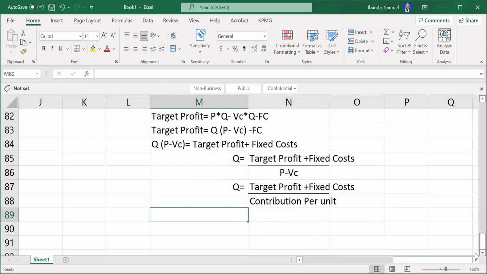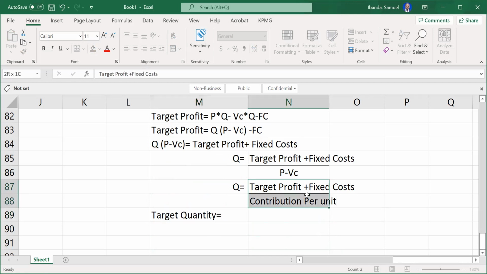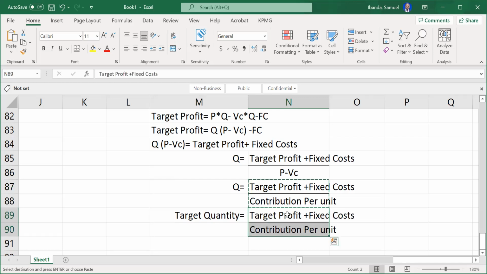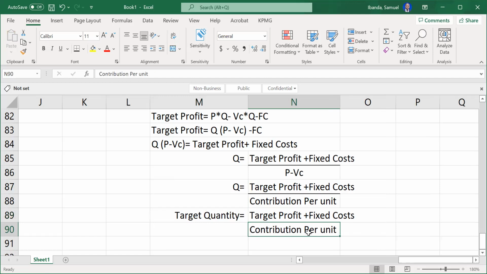So in simple terms, your target quantity can be given by this: target profit plus fixed costs divided by contribution per unit. You'll be able to find these within your notes. I tried to include these here in the notes.